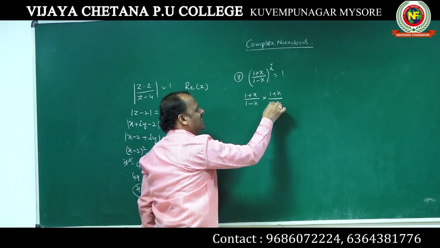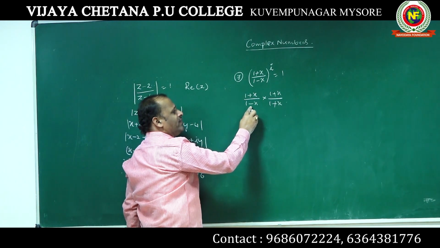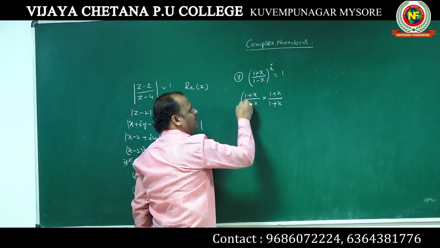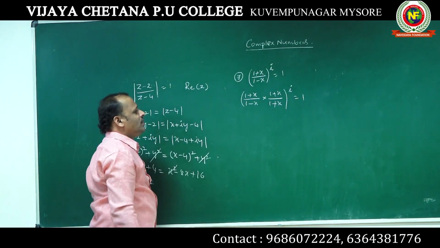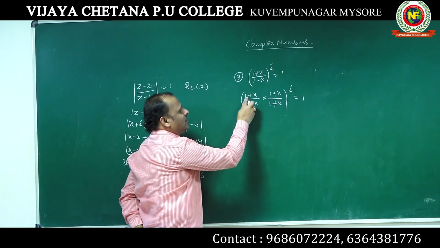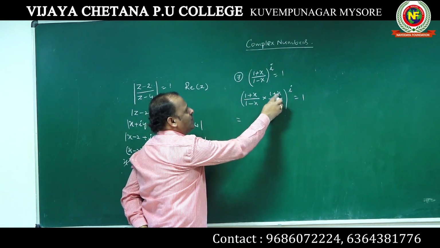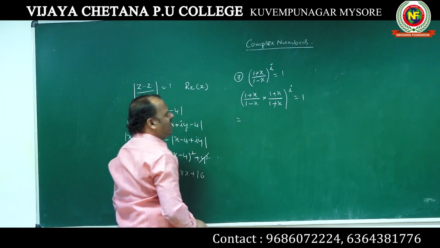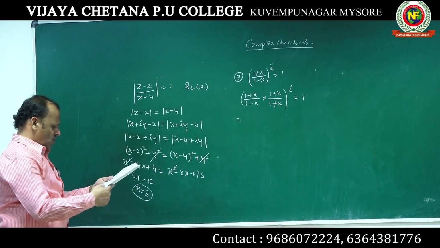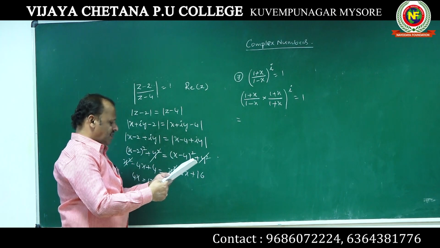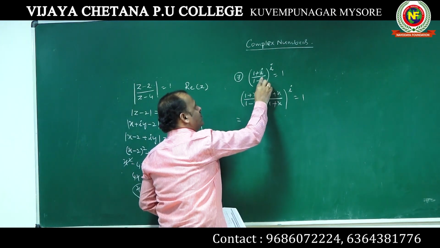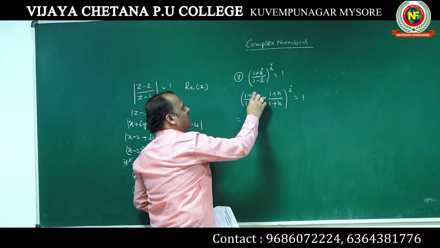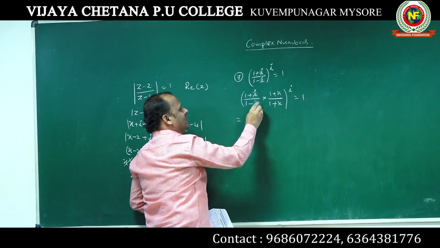Better how to take the plus, because it is in the form of a minus b into a plus b, to the power x is equal to 1. Now I take here 1 plus i into 1 plus i. Sorry, this is not x, this is i.